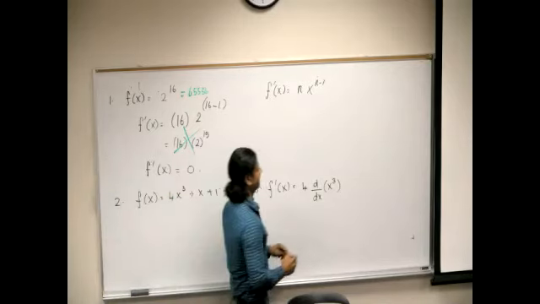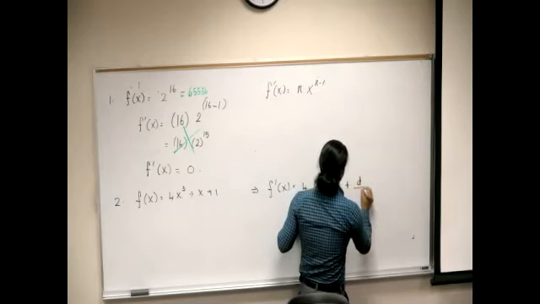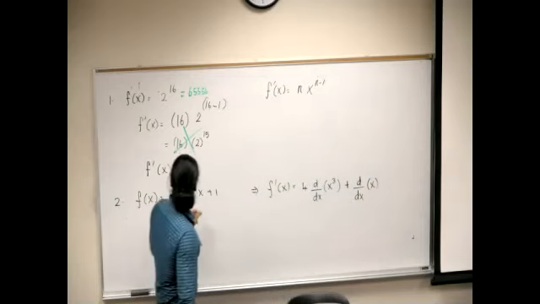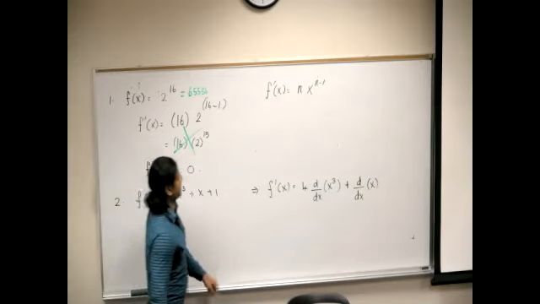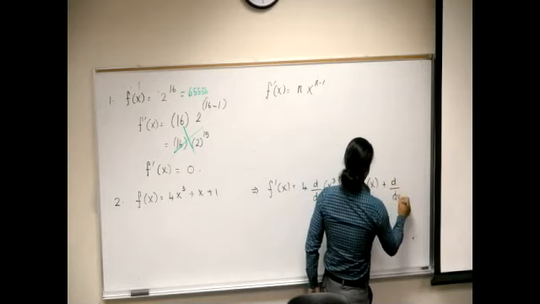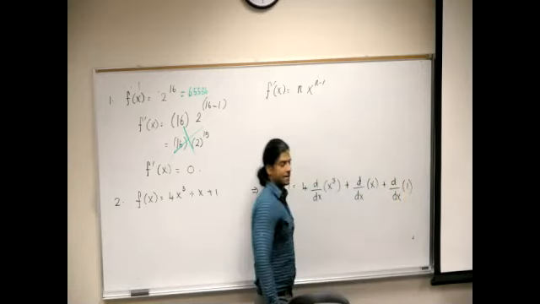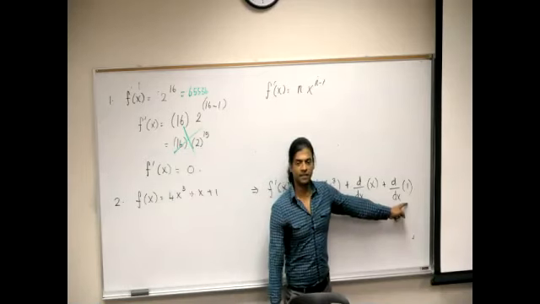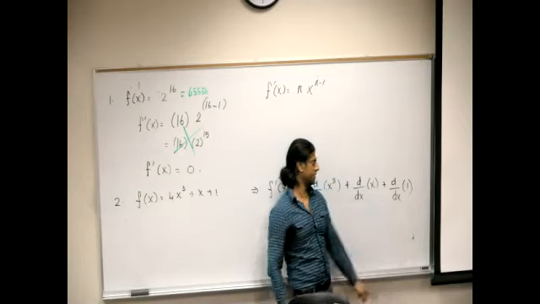So it's right here. Derivative of x with respect to x, and derivative of 1. 1 is a constant, so it would be plus 0.